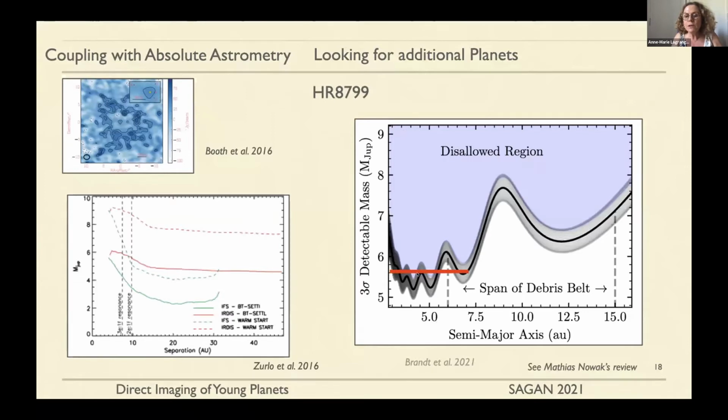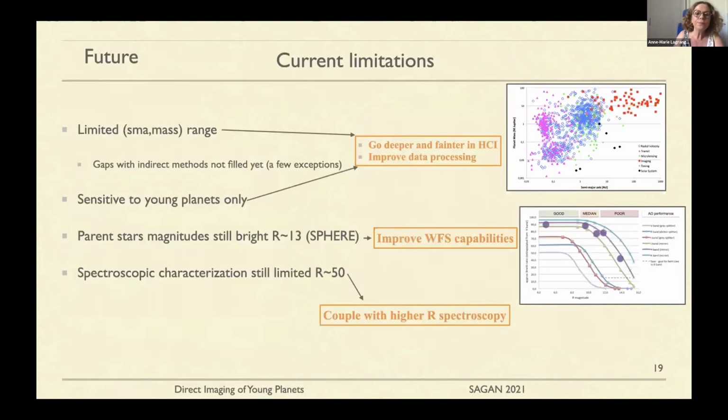So we are starting to give really interesting upper limits in mass to the possible planet that creates the disks.